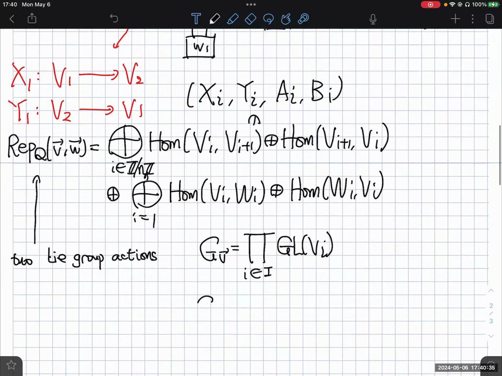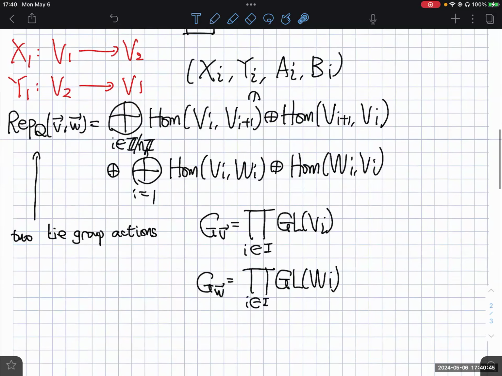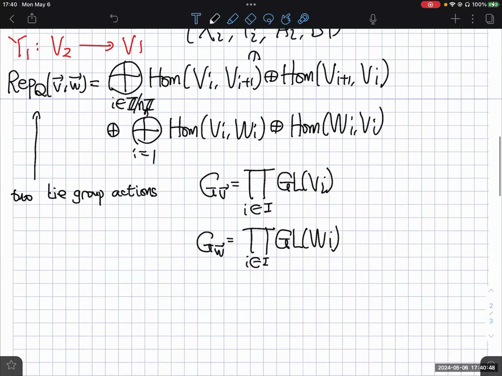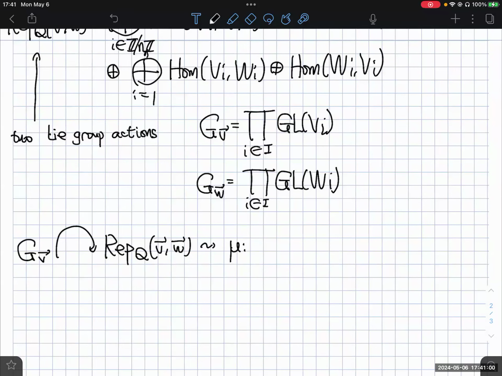The second is given by the automorphisms of each of the framing vertices, which is given by this. The action of the gauge group acting on the representation space is Hamiltonian, which means that we can write down a moment map with respect to this group action. This moment map can be written in the following way.